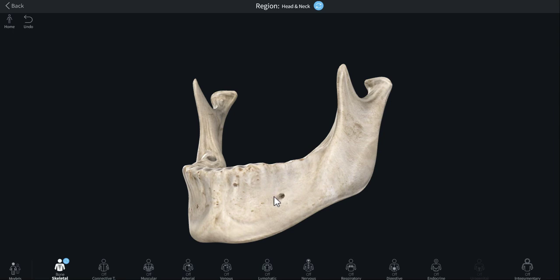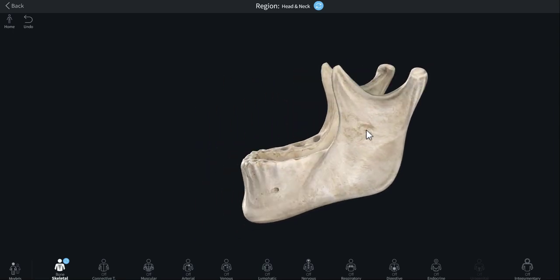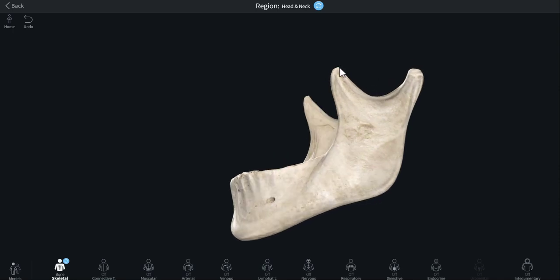The last criterion for determining the age of a mandible is these processes, that is, anteriorly the coronoid process and posteriorly the condylar process. Look at the model here. It's very easily understood that these two processes are approximately at the same height. They are on the same line, right?